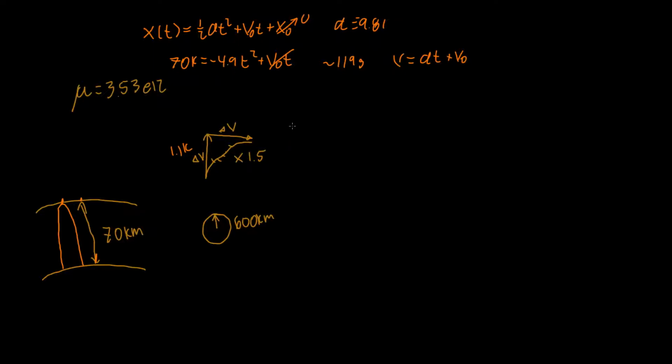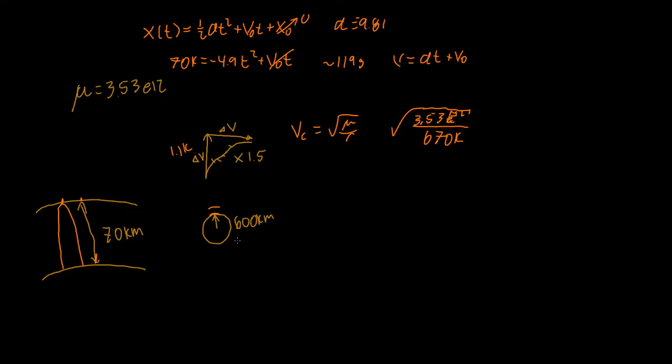Next is the circular velocity, and that is the square root of mu over r. R is going to be 670K, because we've got the 600,000 for what I believe is the radius of Kerbin, looking at the internet, plus the 70,000 to get up there.